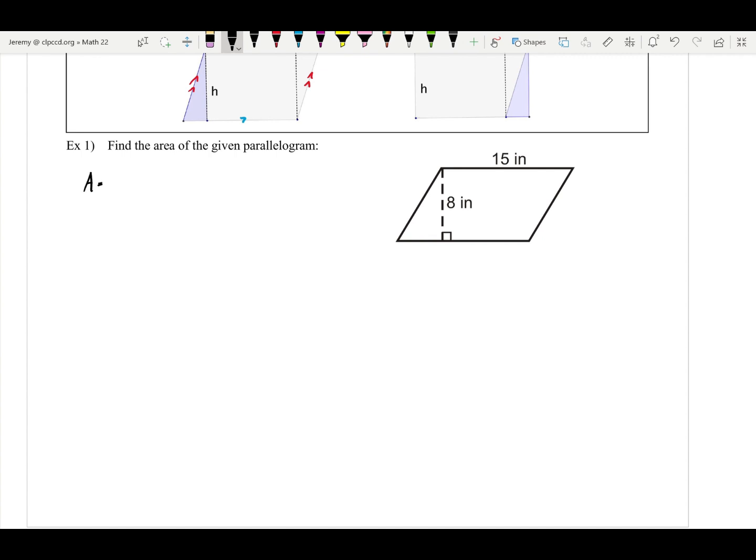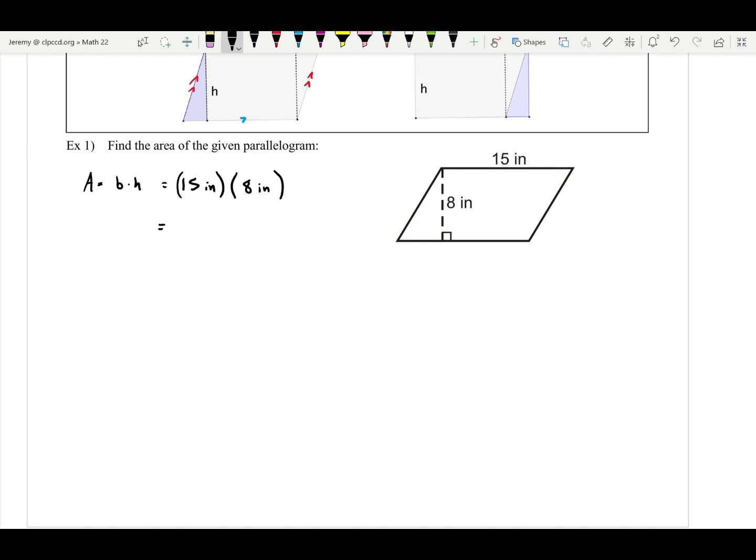So area is equal to base times height, and we're given that the base is 15 inches. Notice that I'm writing in the units, inches here, and we just want to multiply that times the height, which is 8 inches.